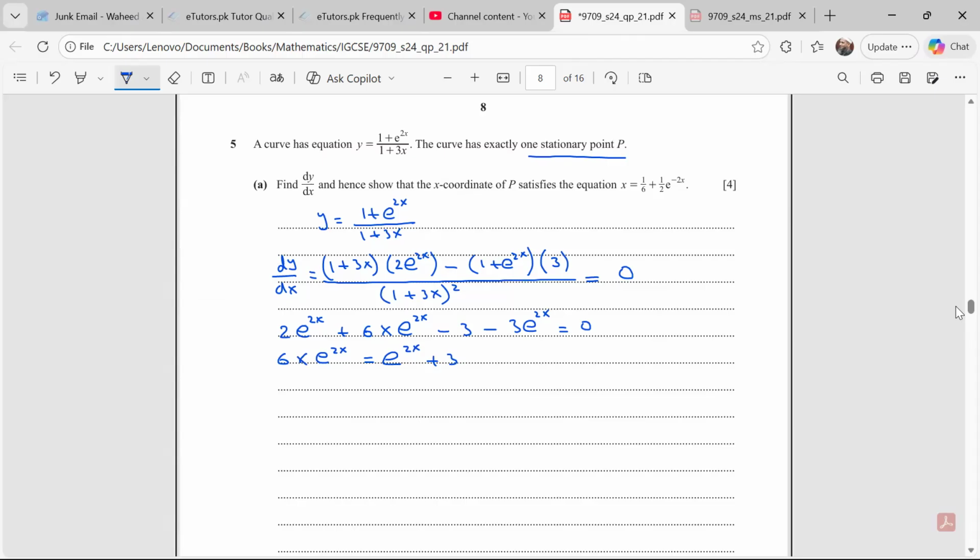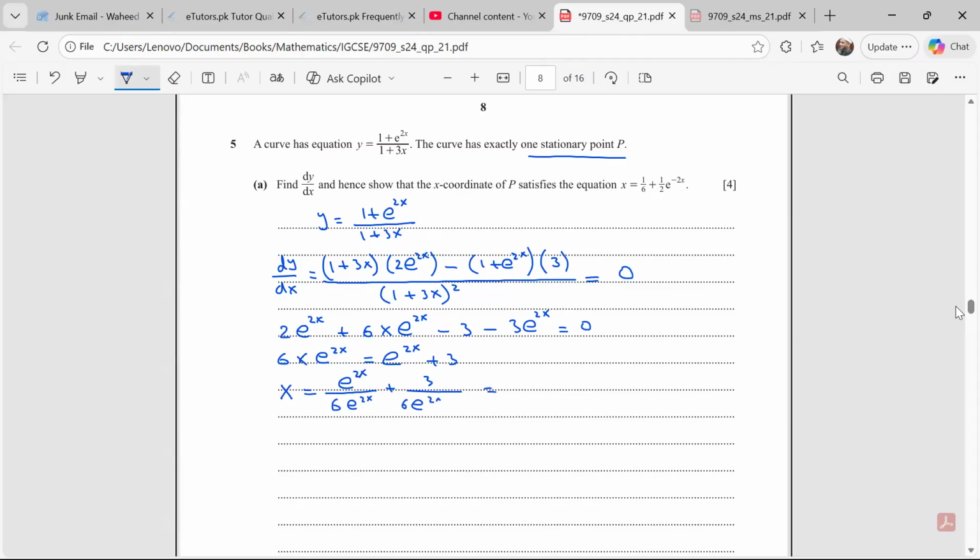I'm not confusing you. So now I divide everything by 6 e to the power 2x. On the left side, I have only x, equal to e to the power 2x divided by 6 e to the power 2x, plus 3 divided by 6 e to the power 2x.